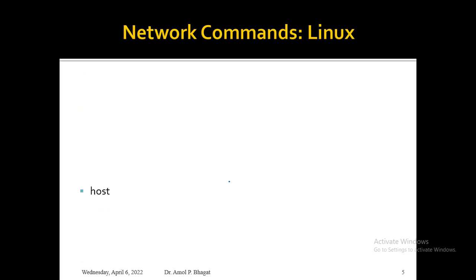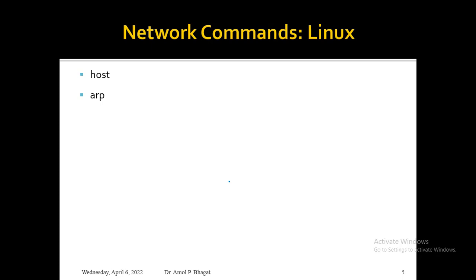Then as we have seen hostname, here the host command is there. So again it can perform DNS lookups. The ARP command we have seen in the Windows operating system, so the same ARP command. To view or add contents of the address resolution protocol table, you can use this ARP command in Linux.